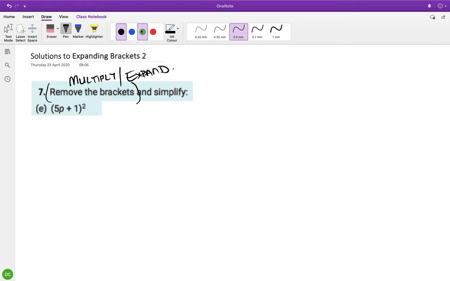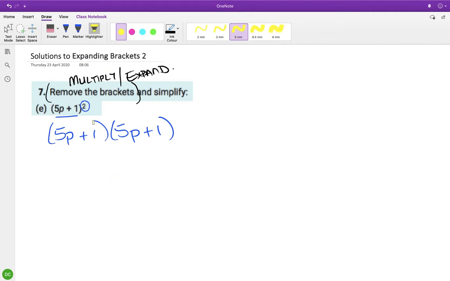Okay, so when you have this, you recognize the fact that the square means that you have two of these. So you write out 5p plus 1, 5p plus 1. Okay, then you have two brackets, so you apply the rule of split the first, multiply by the second.